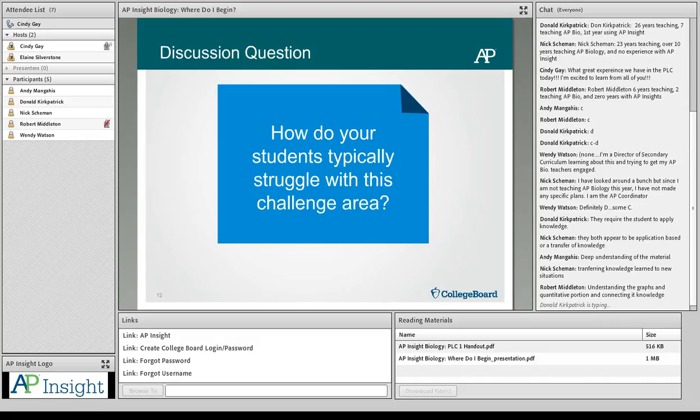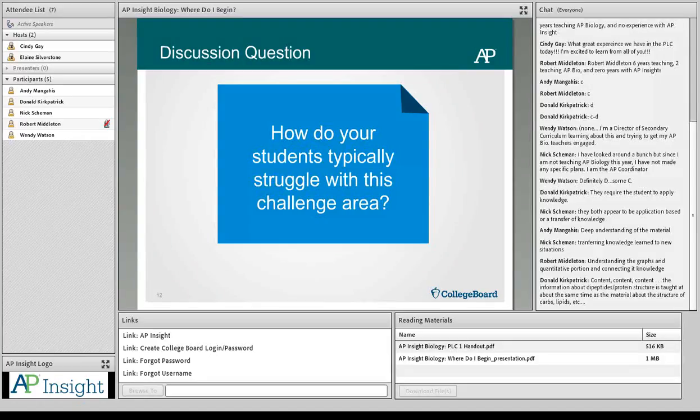And as they do, one of the questions that I always wonder about is why? Why are my students struggling with this content area? And what are the misunderstandings that might underlie those struggles? Content, content, content. Oh, so true.